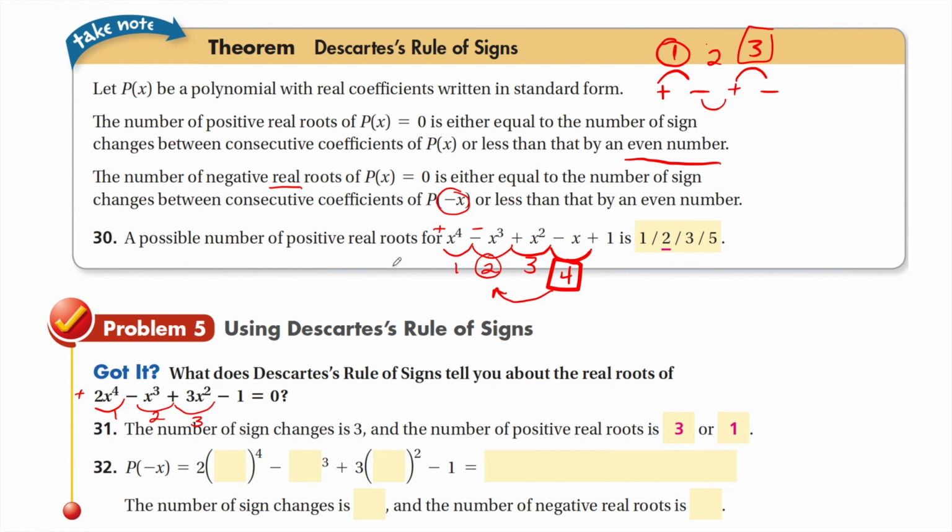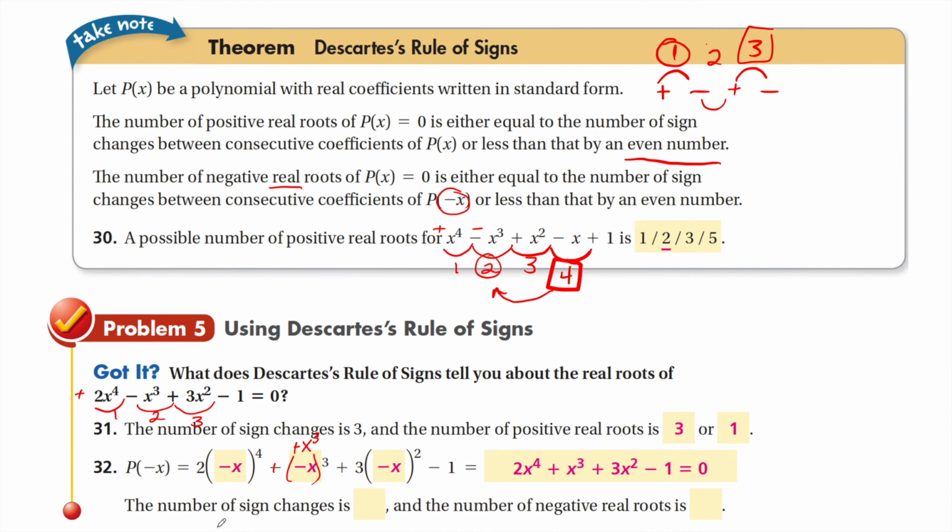Knowing that, we're going to change up all of the x values. We're going to plug in the negative x wherever we see an x. So we're going to have 2 times negative x to the 4th, a negative times a negative x to the 3rd, plus 3 times a negative x squared minus 1. If we were to solve out each and every one of these, you're going to end up getting 2x to the 4th plus, because this is going to end up being a negative x to the 3rd with a double negative right here, making a positive x to the 3rd, plus 3x squared minus 1, which equals 0.